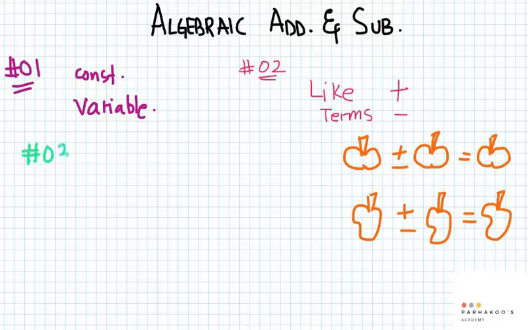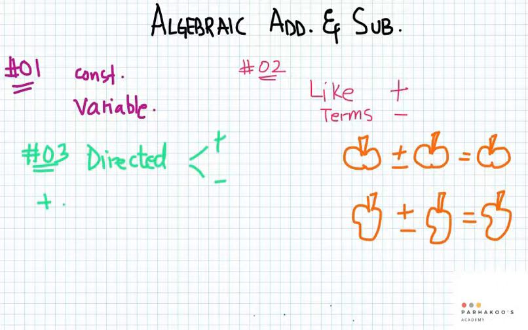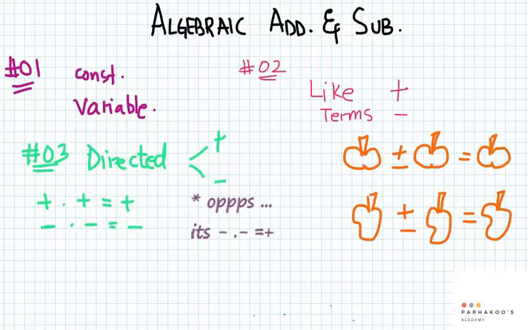Okay, number 3, you need to remember that in algebra terms are directed. Directed means they have either plus or minus sign with them. Remember one thing, that plus into plus is plus, minus into minus is minus, plus into minus is minus, and minus into plus is minus.